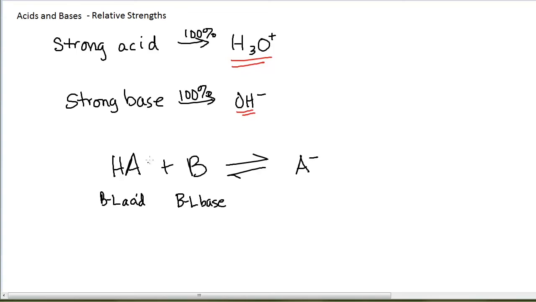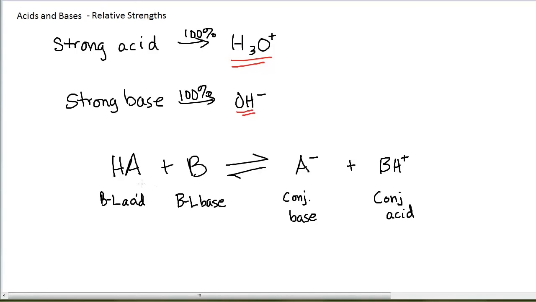It will have a negative charge because it's giving away an H plus, and B will become BH with a plus charge because it's accepting an H plus. So this is the conjugate base of my Bronsted-Lowry acid. BH plus is the conjugate acid of my Bronsted-Lowry base.